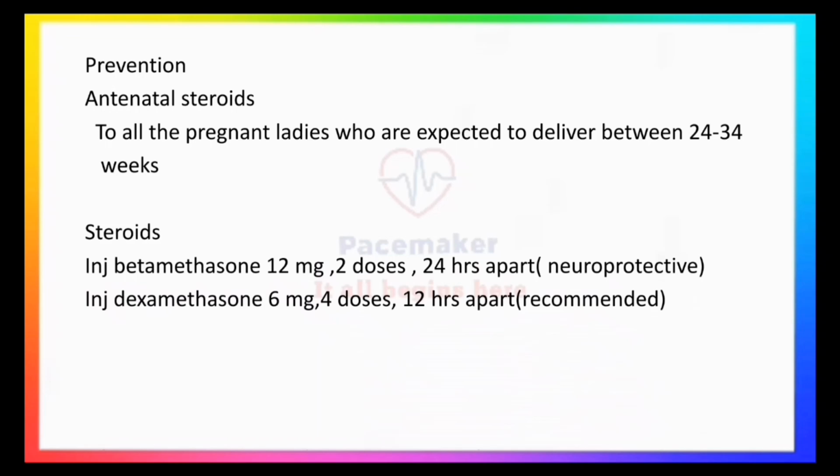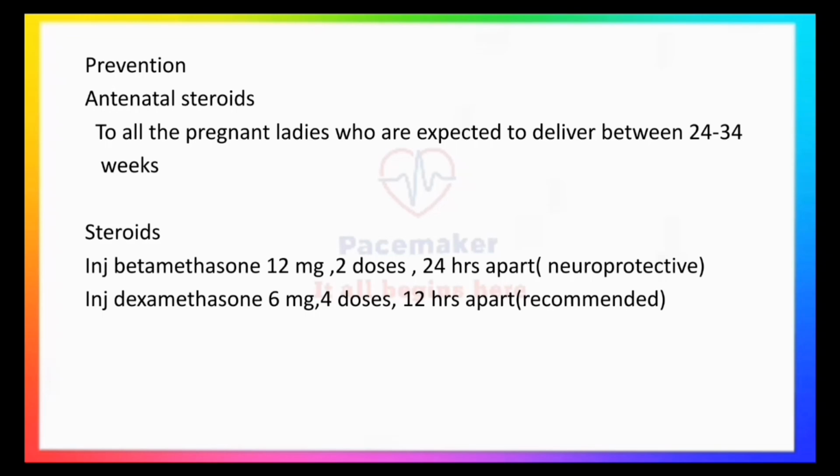Two doses are given, 24 hours apart. Betamethasone is shown to have some neuroprotective action. This is the steroid of choice to give in a pregnant lady who is expected to deliver between 24 to 34 weeks of gestation.